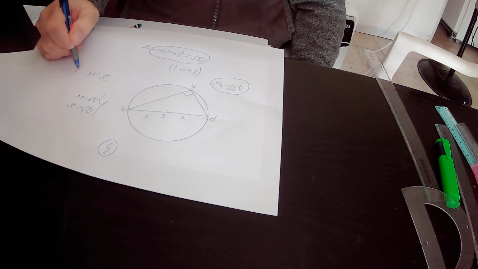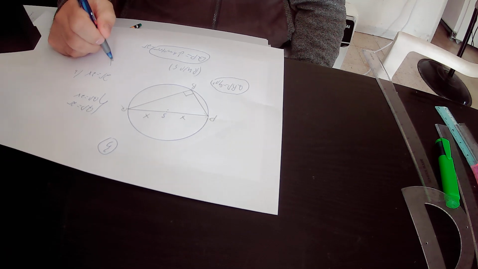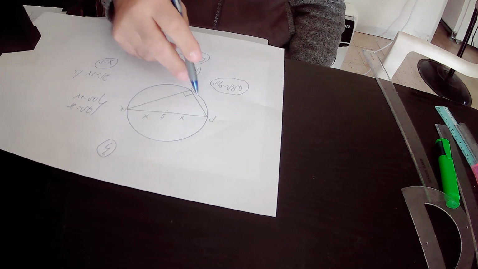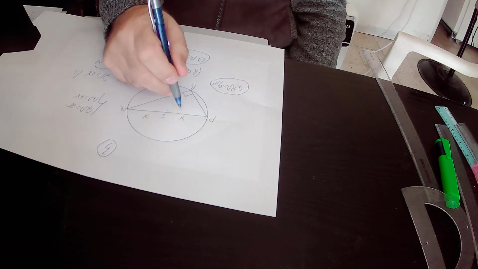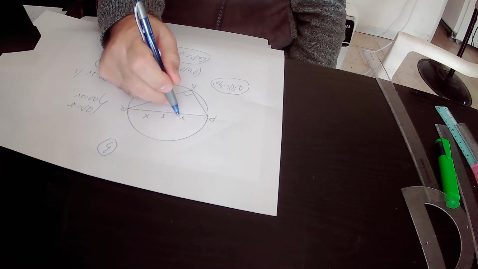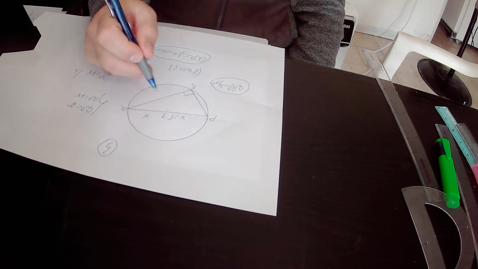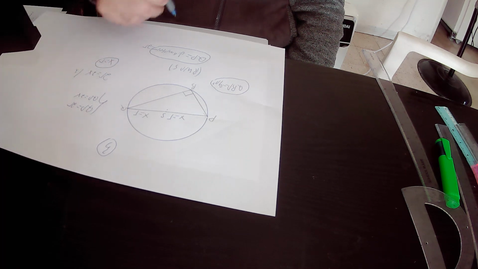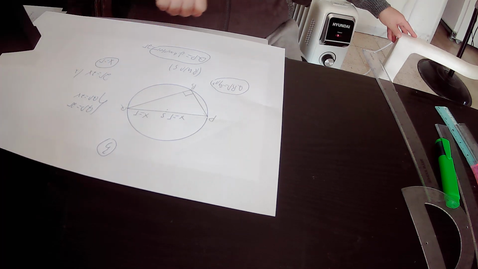We divide this equation by 2 and we get that X equals R. That is to say, PS is the radius of the circle that is equal to R, and SQ is also the radius of the circle that is also equal to R. Okay?